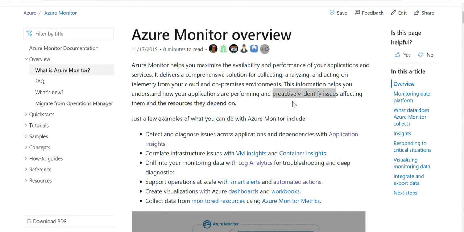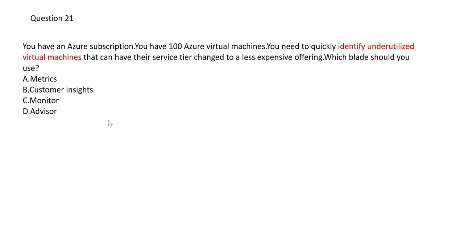What Monitor is doing is it helps you proactively identify issues so that you can fix them and make the system highly available and performance optimum. So we now know that Monitor is not used for cost savings. So C is wrong.